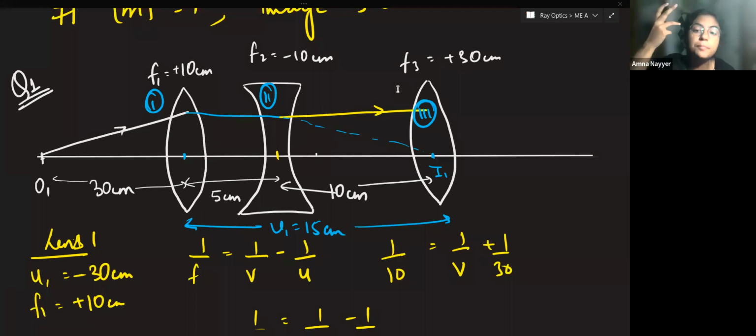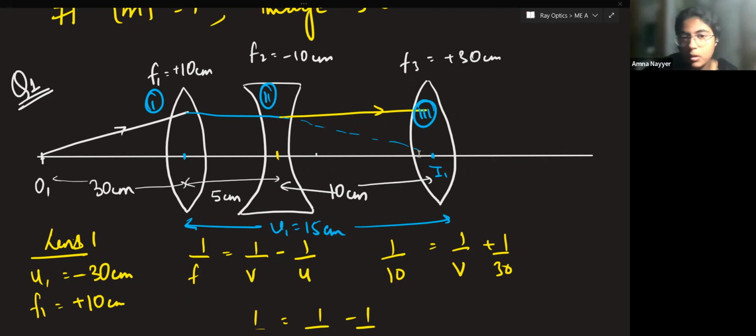If light is parallel, where do the rays meet? If rays are parallel, where do the rays of light meet? Where do the rays converge?